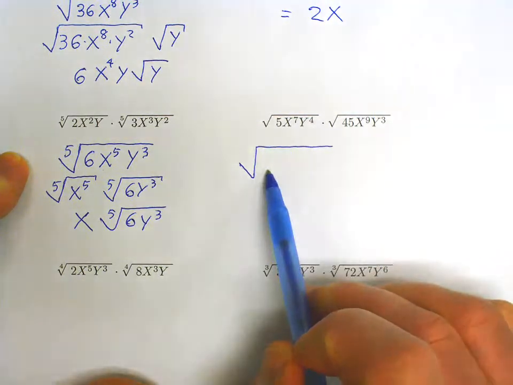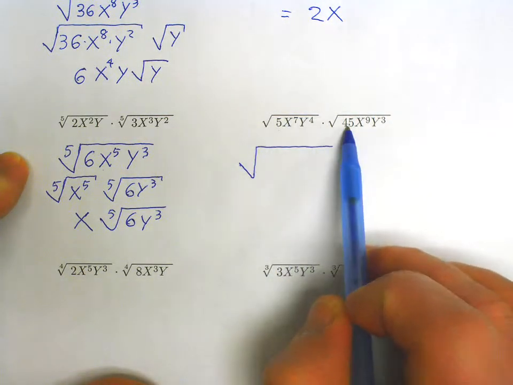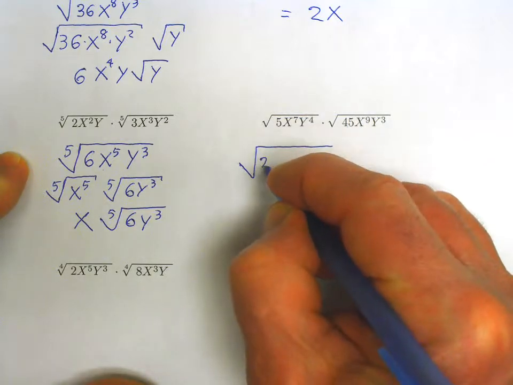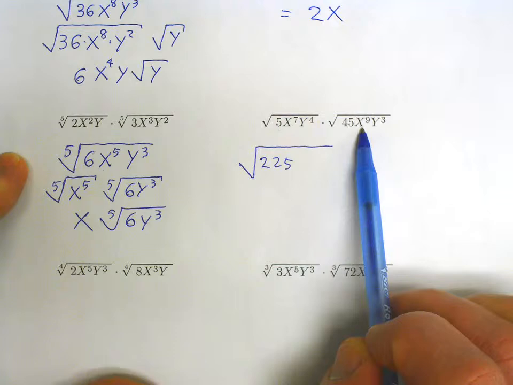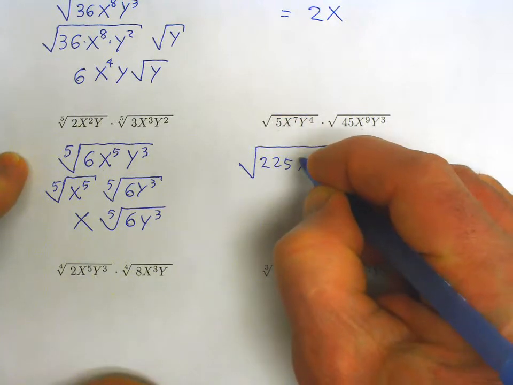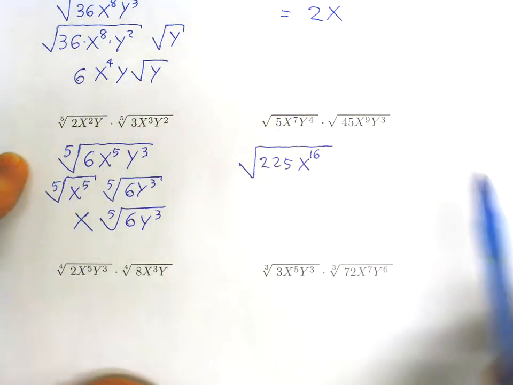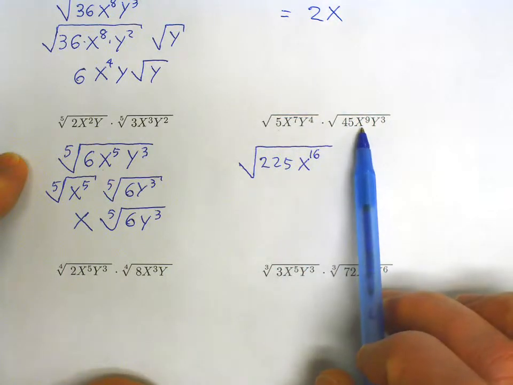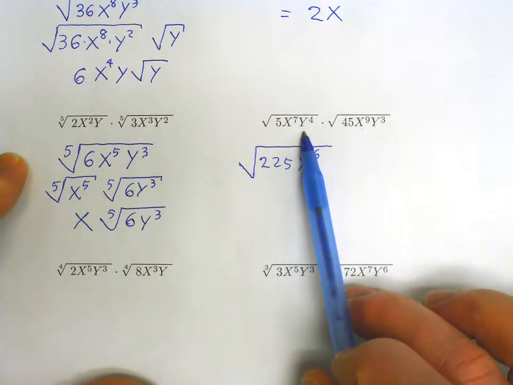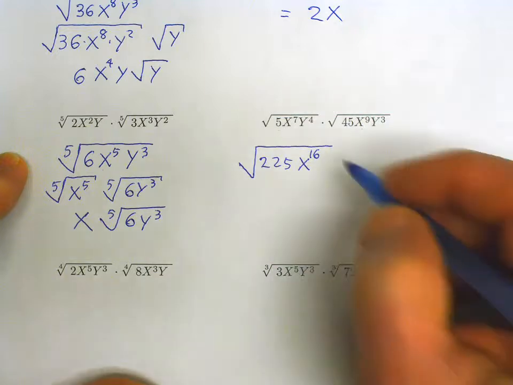Inside the single square root, we have 5 times 45, which is 225. x to the 7th times x to the 9th is x to the 16th. We're adding the exponents when we multiply x to the 7th times x to the 9th. And then y to the 4th times y to the 3rd is y to the 7th.